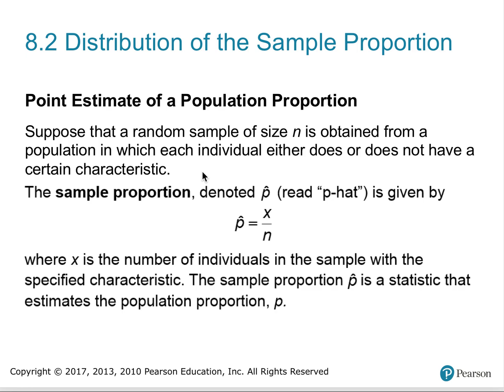So think about when we did the binomial probabilities, success or failure. The sample proportion, which is denoted p hat, is given by this formula, where X is the number of individuals in the sample with the specified characteristic. Okay, the sample proportion p hat is a statistic that estimates the population proportion p.